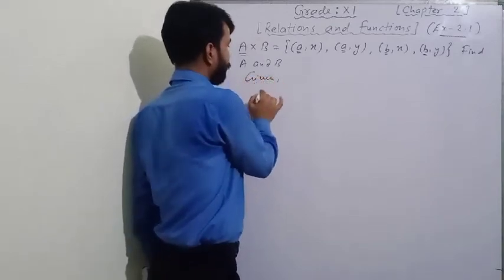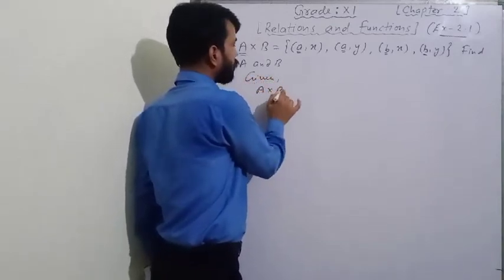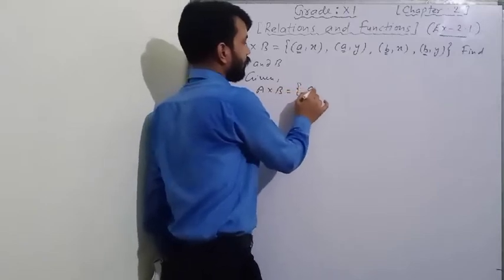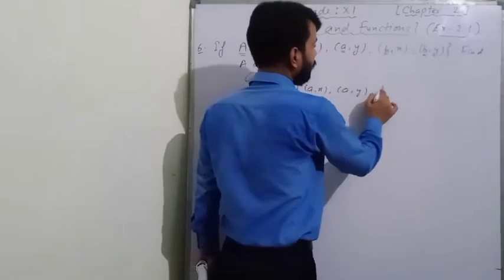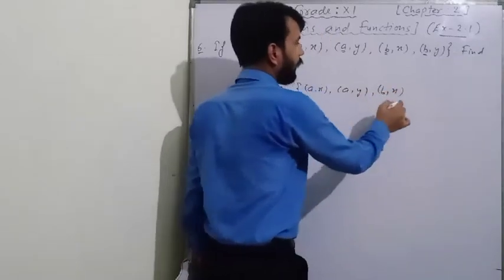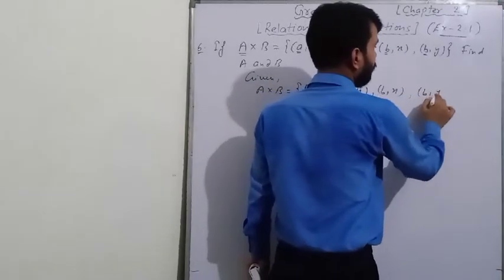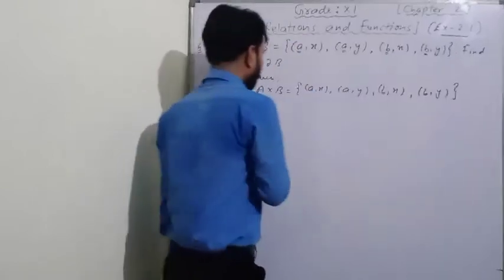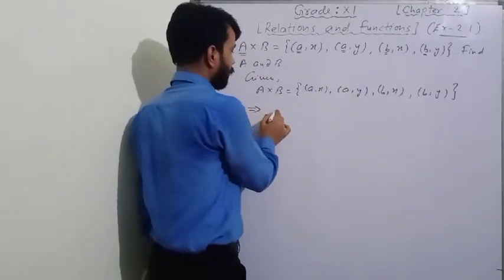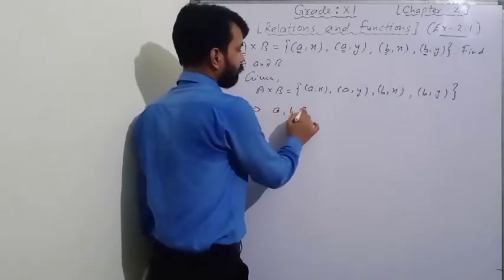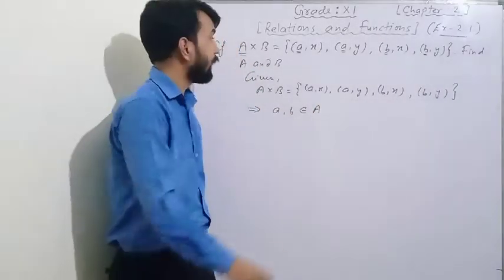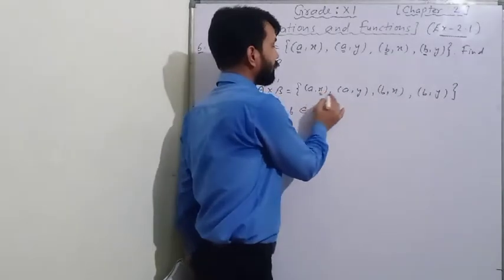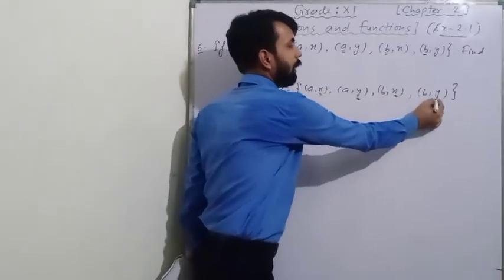So you have to write: given A cross B equals (a, x), (a, y), (b, x) and (b, y), which implies that a, b belong to the first set A. Understood? And the second elements are x, y, x, y.